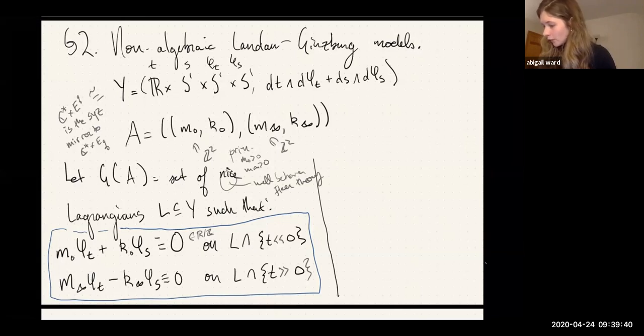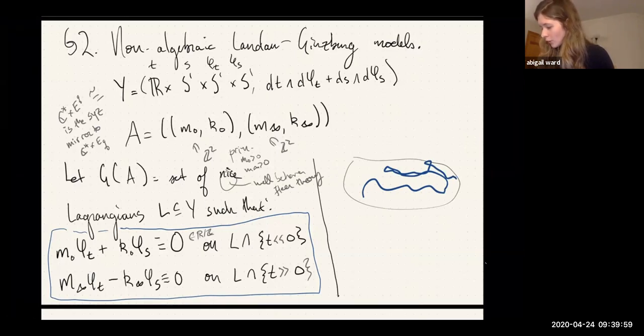So a picture is like, here's Y, here's L sitting inside of Y. And then at the ends, I can project down to the phi t phi s torus.